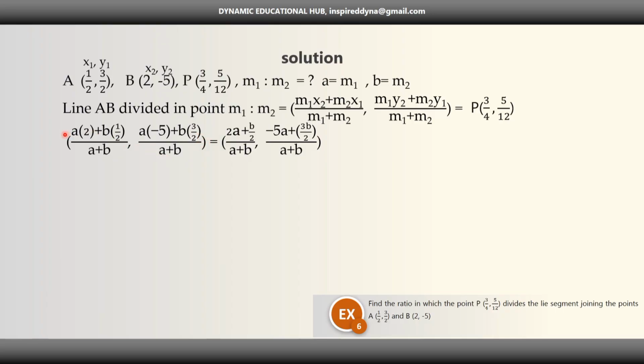Let's go ahead and expand this, or you multiply this, guys. Simplify this expression. You have A multiplied by 2, you have 2A plus B multiplied by 1 over 2, you are going to have B over 2, all over A plus B. Now, A multiplied by minus 5, you have minus 5A plus B multiplied by 3 over 2, you have 3B over 2. You have your A plus B here.